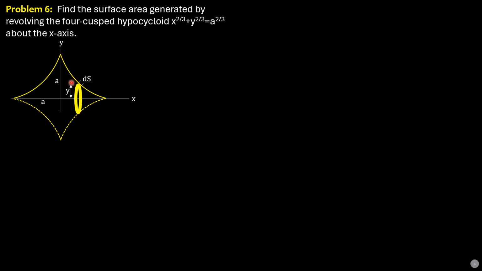And we only consider the upper half, and particularly this first quadrant graph, and revolve it about the x-axis. Then we multiply the surface area generated by 2 because of the other half at the left.